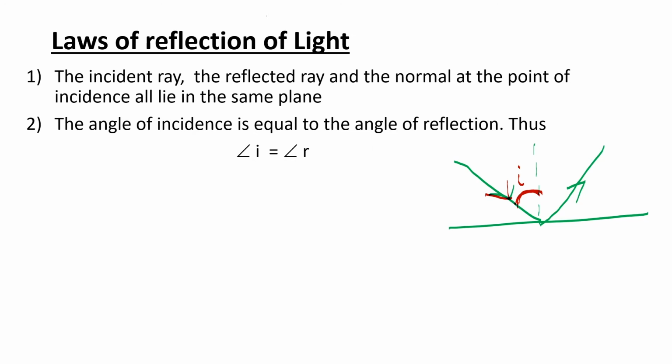The angle between the reflected ray and the normal, this angle. This is the angle of reflection, that is r. According to the second law, this angle should be equal to this angle. That means the angle of incidence and the angle of reflection must be the same.